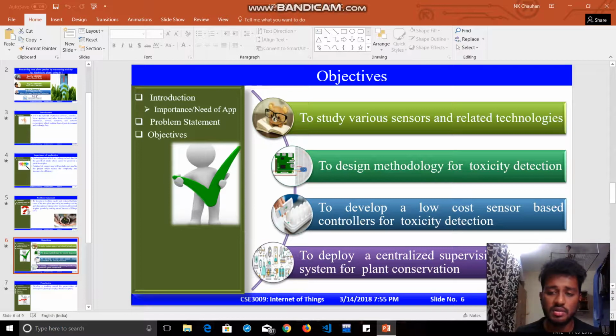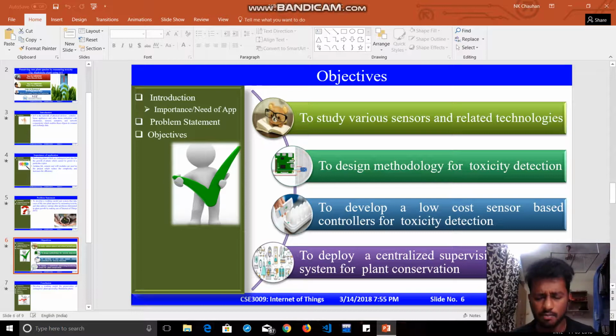In order to reduce the cost of sensors, that's going to happen only when you have a thorough literature survey or review about the kind of sensors that are available in the market and the sensors that we can use for this particular project. So next, moving on to the design methodology for toxicity detection.